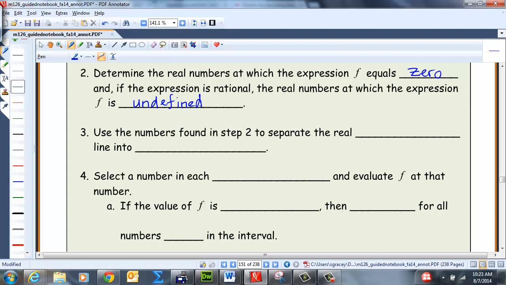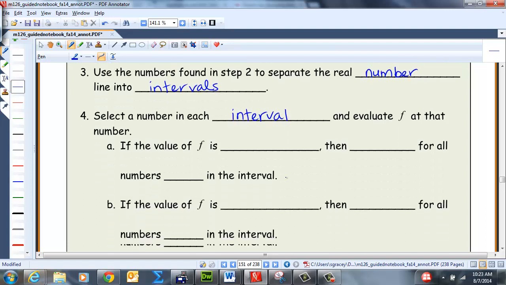Use the numbers that we find in step 2 to separate the real number line. So remember, this is the real number line about x into intervals. Select a number in each interval and evaluate f at the number.